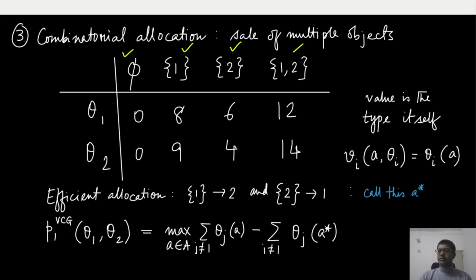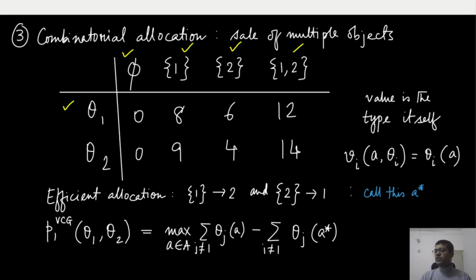The players may have different valuations for these bundles, and these numbers show the values for these different bundles. One assumption that we have already made in the beginning is that when the allocation is empty, the valuation is 0 for all the players. So the understanding of this table is quite evident.